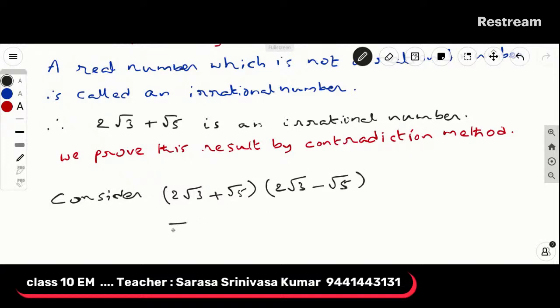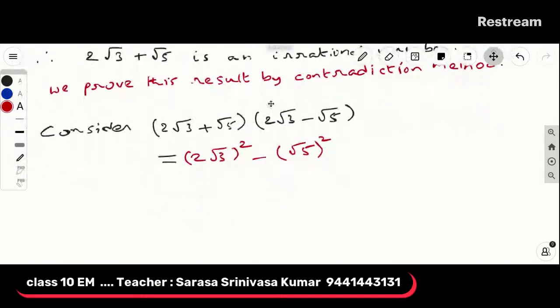So this is equal to 2 square root of 3 whole square minus square root of 5 whole square.